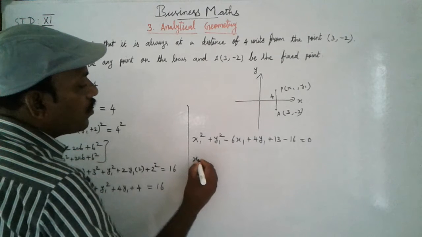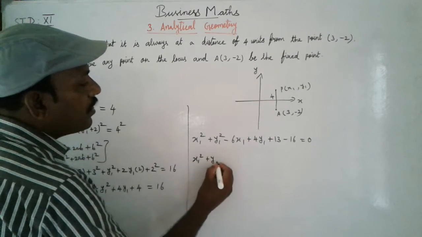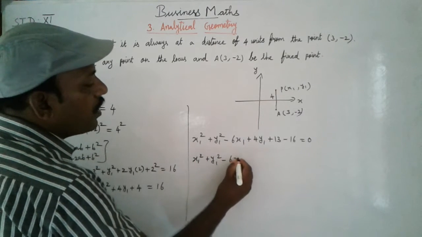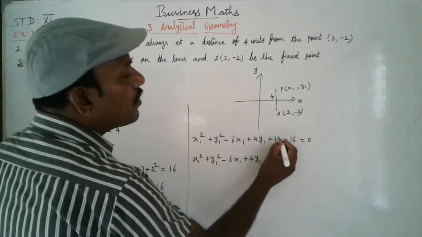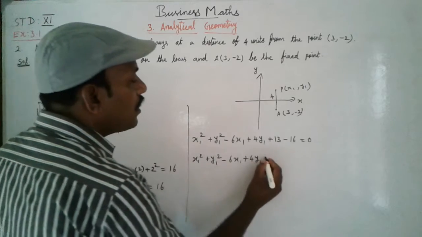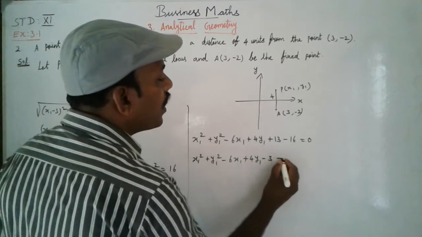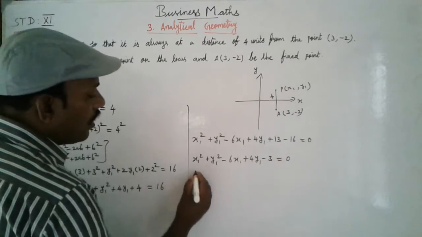Therefore x1 square plus y1 square minus 6x1 plus 4y1, 13 minus 16 is minus 3, equal to 0.